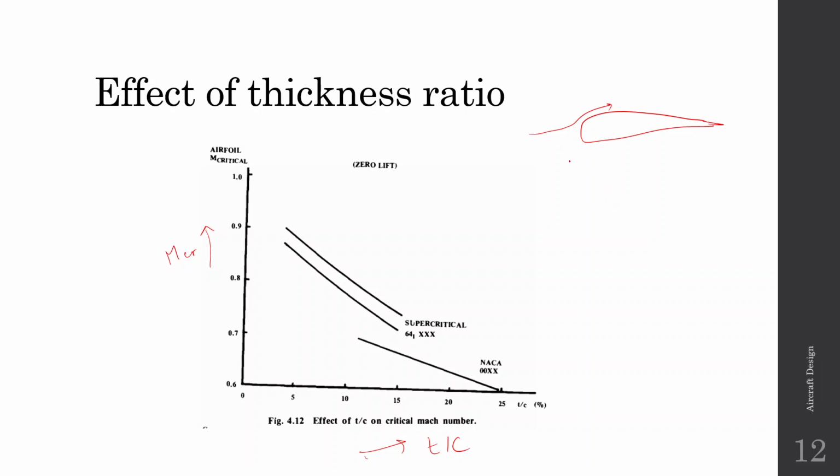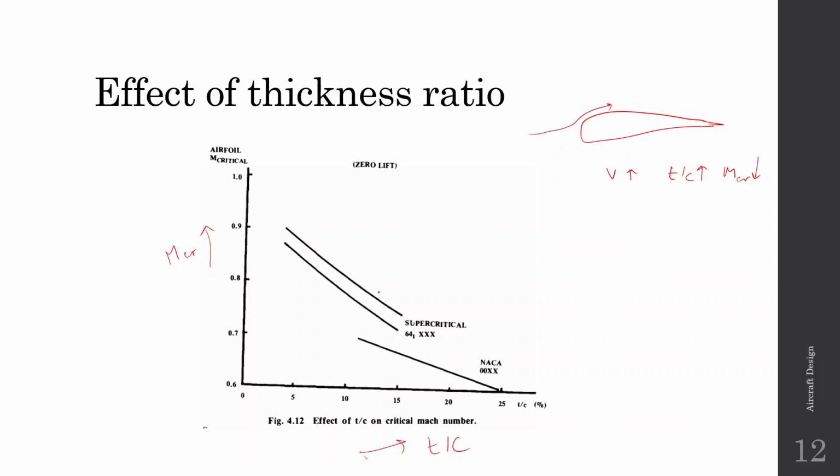When there is a larger diversion, the flow acceleration is also faster. So for thick airfoils, the critical Mach number should be lower. If T by C is higher, then the critical Mach number should be lower, because even at small speeds, the thickness will cause the flow to accelerate and reach Mach 1.